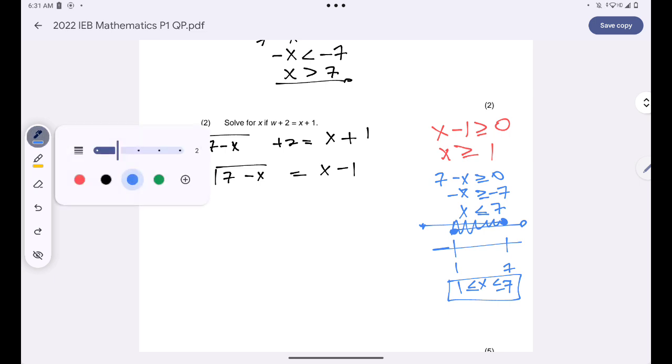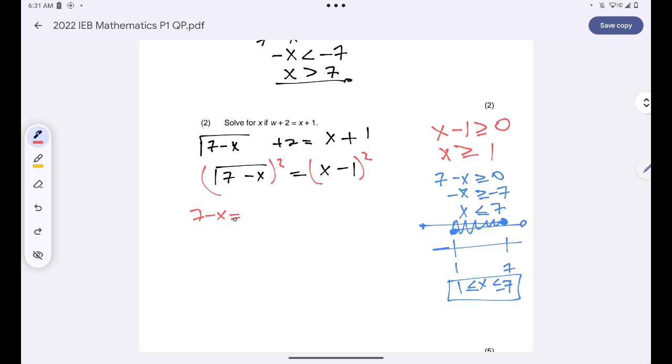Okay, so now let's start solving. Just square both sides. I will have 7 minus x on the left hand side. On the right hand side, you'll obviously open two brackets and you'll end up having x squared minus 2x plus 1. And then I must make sure that my equation is in standard form. I will have x squared minus x minus 6 is equal to 0.